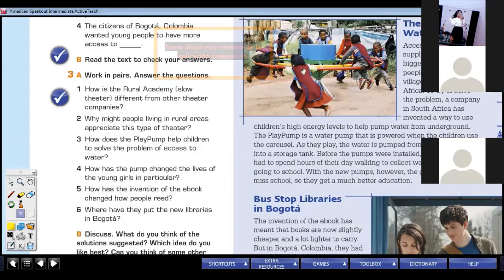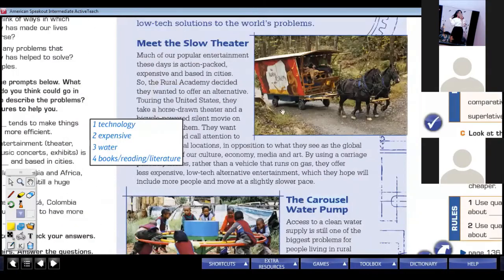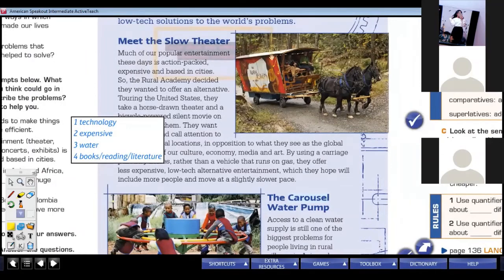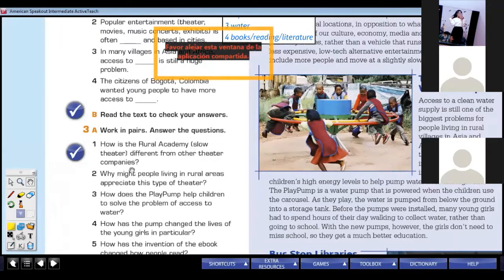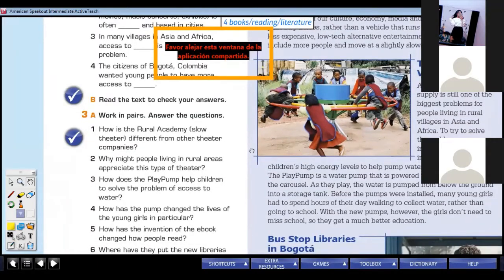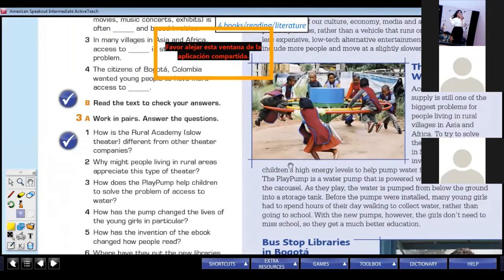Take a look at the picture and remember what it is. Look at it. This is the theater that they get. How is it different from other theater companies? Any idea of what you think? Any idea, any thought, any opinion?